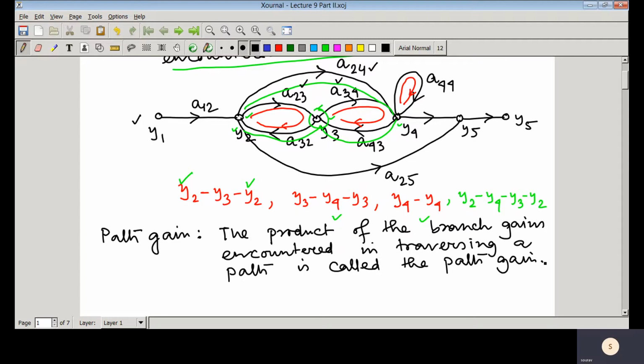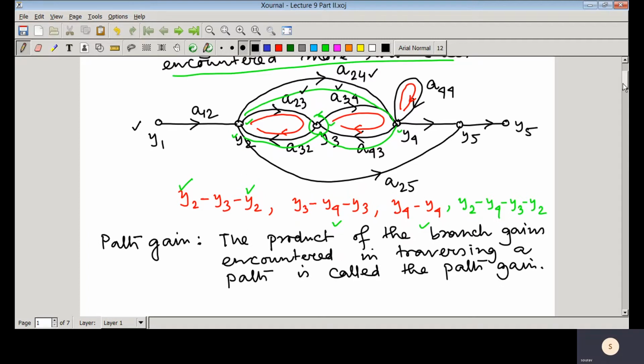If we consider a path in this particular example, suppose the path y1 to y2, then y3, y4, y5.